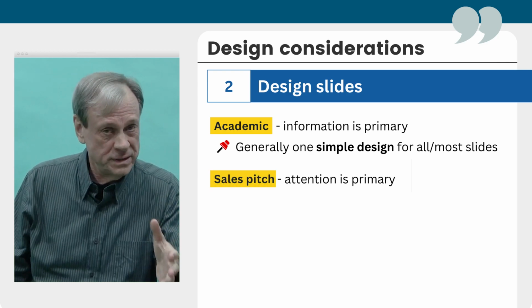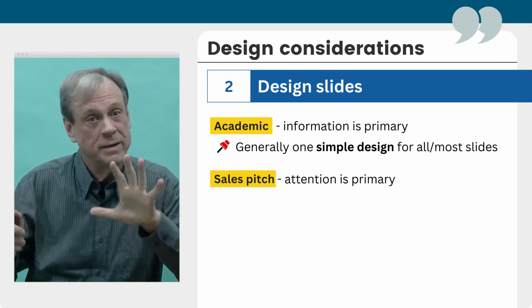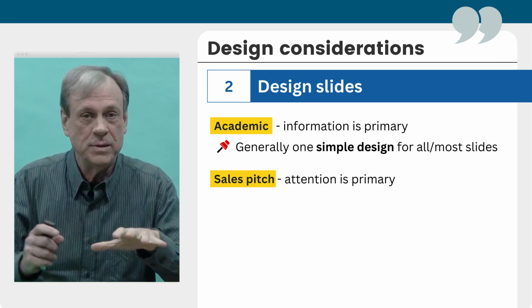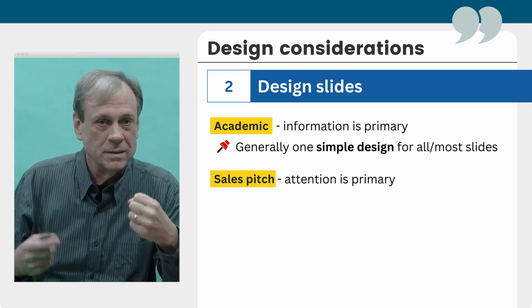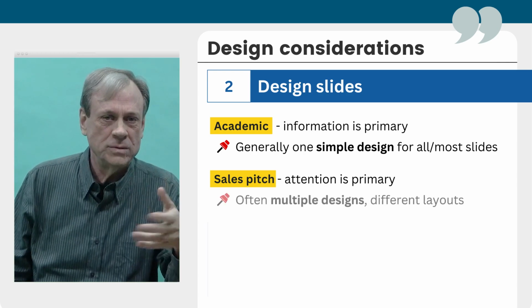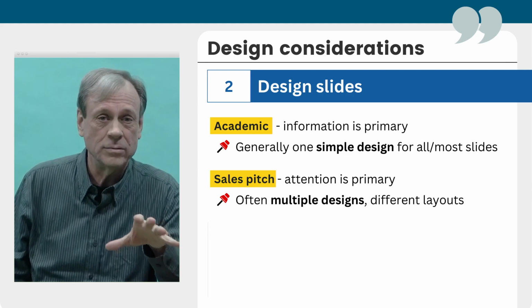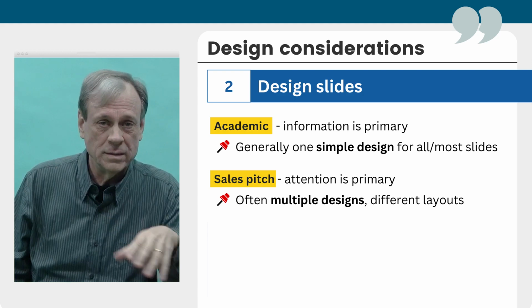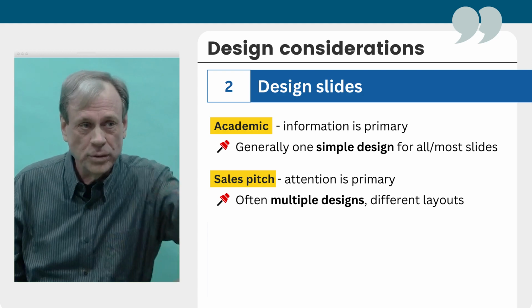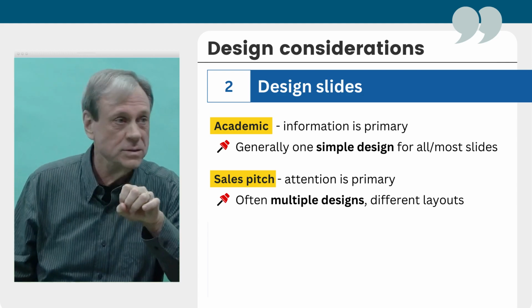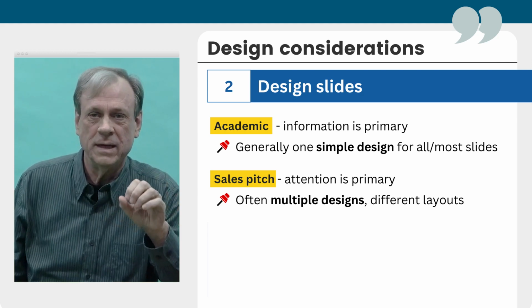On the other hand, for a sales pitch, you're just trying to get attention. You're trying to keep the audience entertained. And so sales pitches often use multiple different formats, different layouts within a single slideshow, putting the information in different places just to keep the audience's attention.